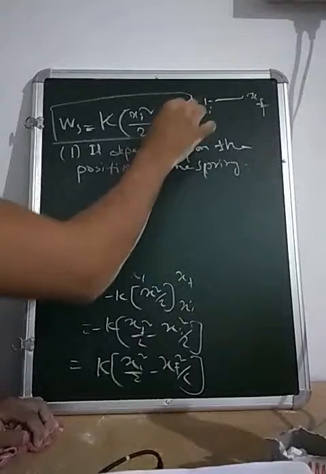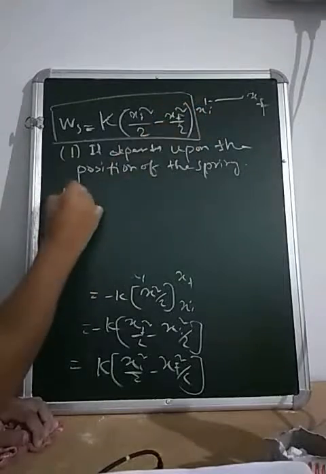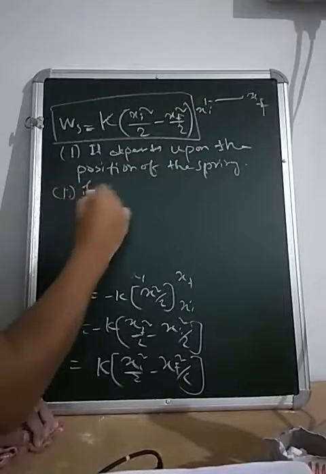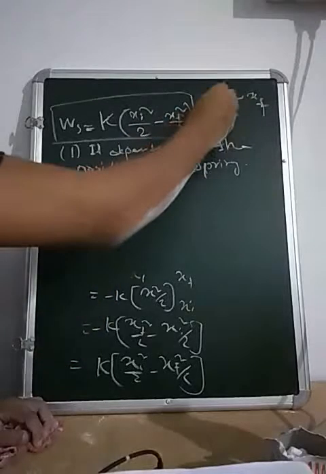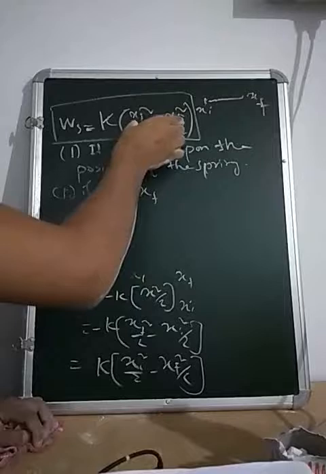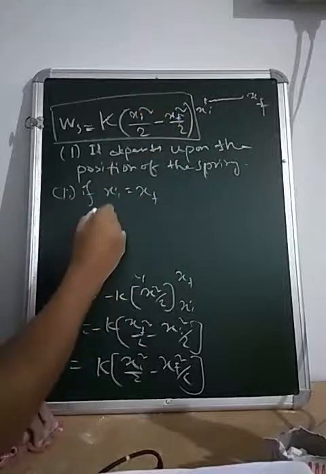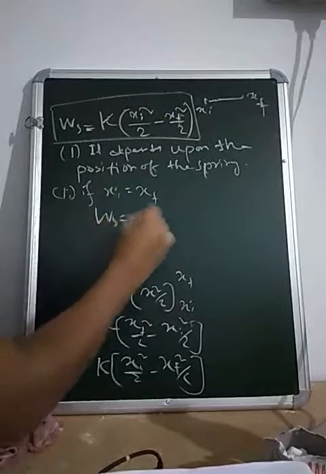Secondly, if xi is equal to xf, if the initial and final position are the same, then what happens? Work done by the spring will be 0.